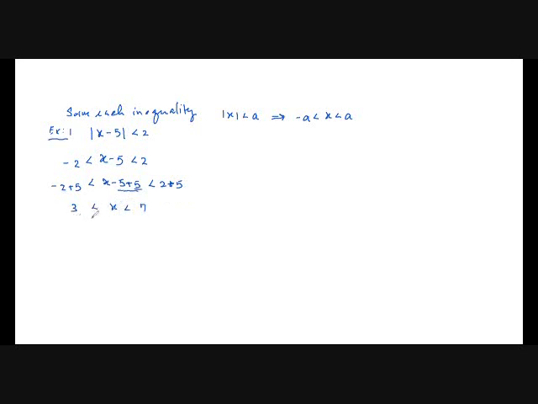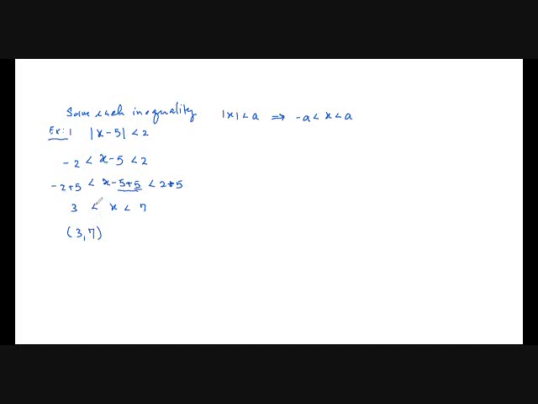In this case, the solution set is all real numbers that are greater than 3 and less than 7. If we write it in interval notation, we can write it this way, 3, 7.